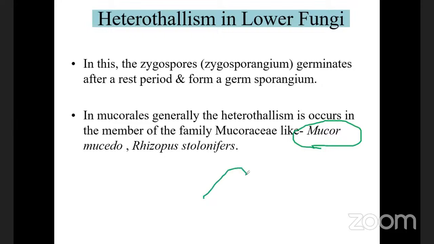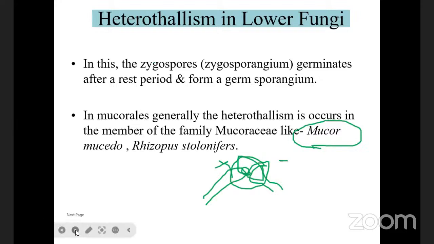I already told you, two opposite strain gametangia come together and mate. Cell wall dissolution takes place and forms the zygospore, whenever two opposite strains, plus and minus, as in Rhizopus, Mucor, Aspergillus.